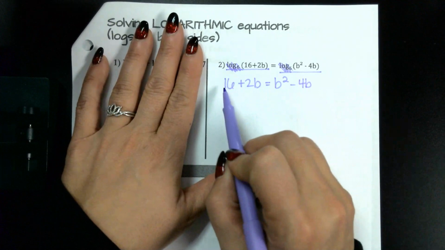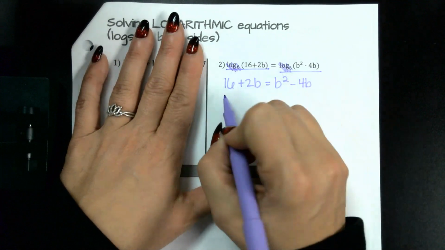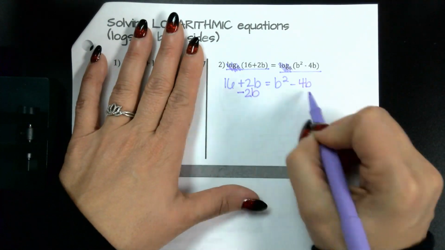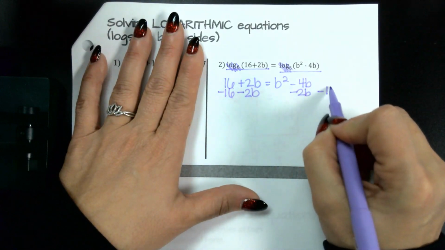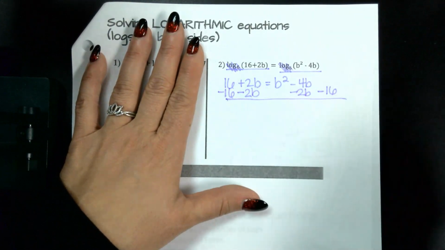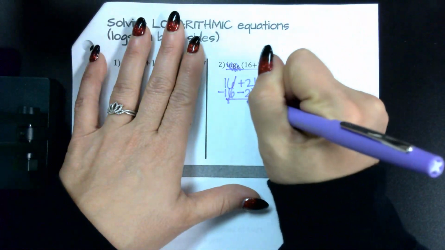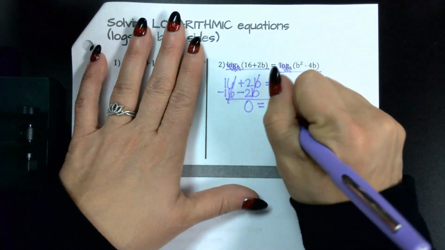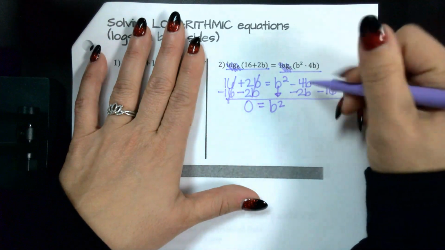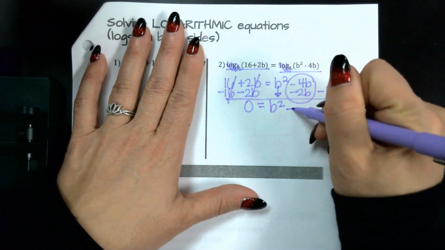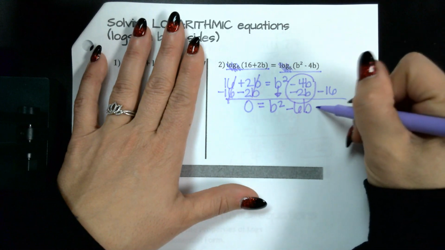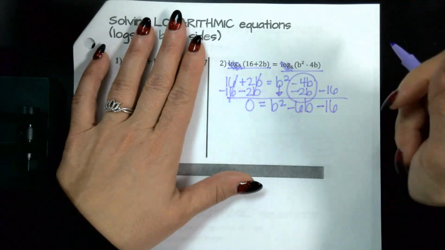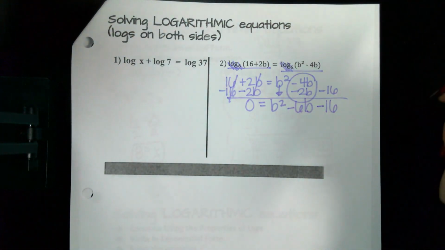So don't I have to bring these 2 terms over? Subtract 2b and subtract 16 from both sides of the equation because we need one side to say 0. These 2 will combine to make a negative 6b, and then the minus 16 just goes at the end.